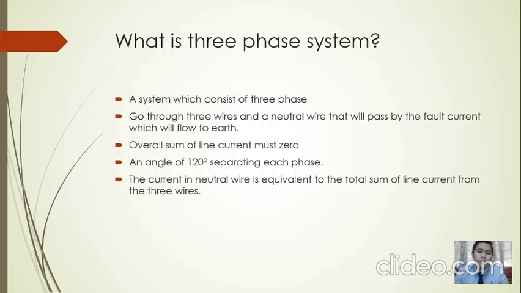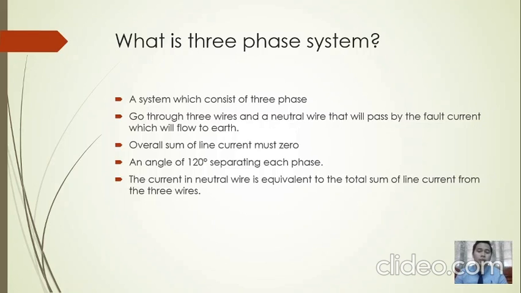A three-phase system is a system which consists of three phases. They will go through three wires and a neutral wire that will pass by the fault current which will flow to earth. The overall sum of line current must equal 0. There is an angle of 120 degrees separating each phase.